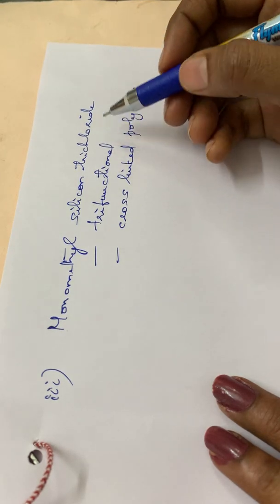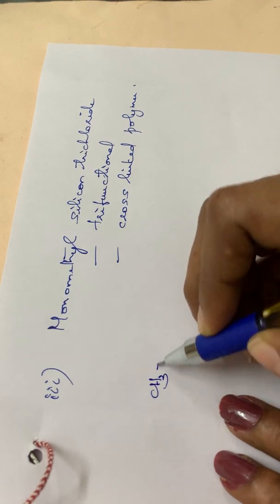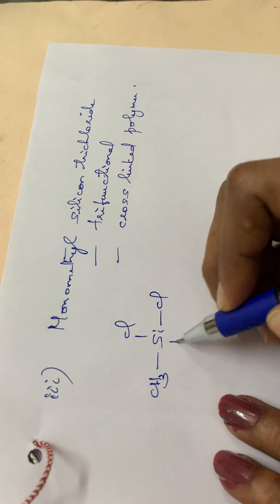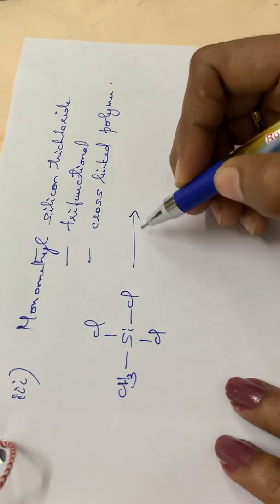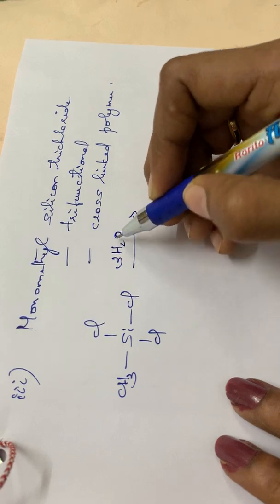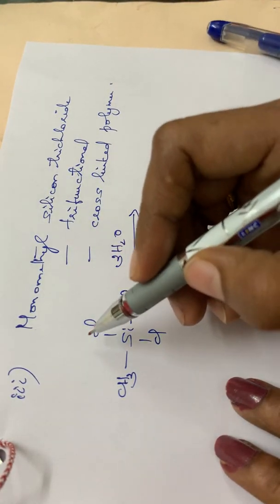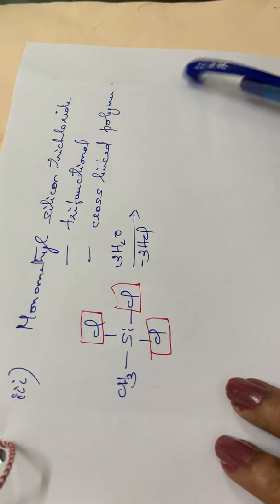See here, 3 replaceable chlorine atoms are present: CH3, SiCl, Cl, Cl. So on hydrolysis, 3 molecules of water react and 3 HCl will be removed, one Cl, then the second, then the third.